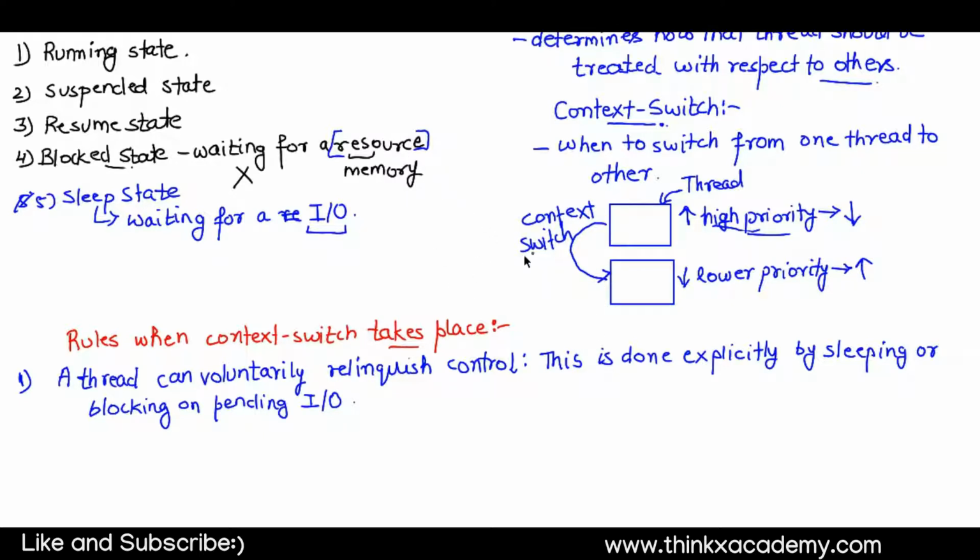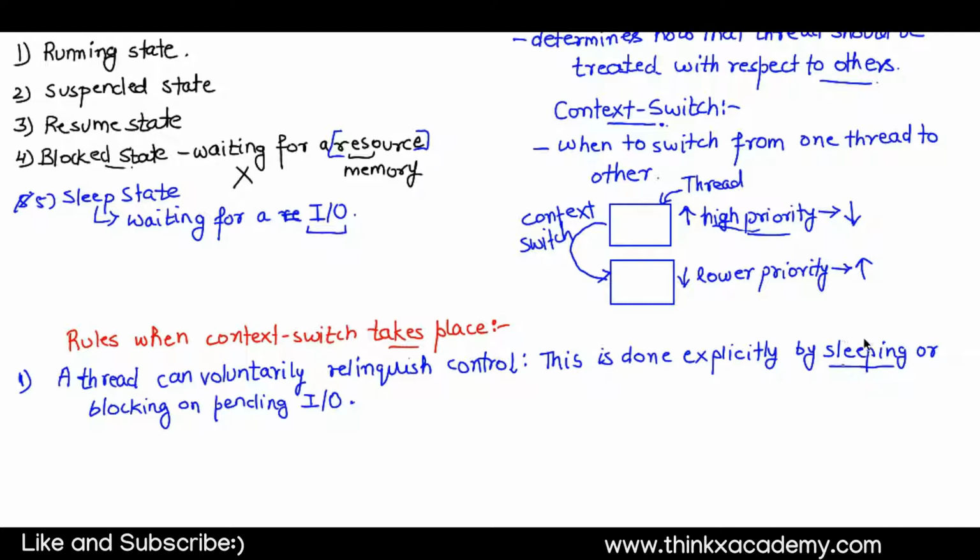So how can it do that? It can change its state explicitly by sleeping, and we will see how we can change the state of a thread by sleeping it or by blocking it on pending input output. Whenever we identify that a thread needs an input to do something, we will sleep it.